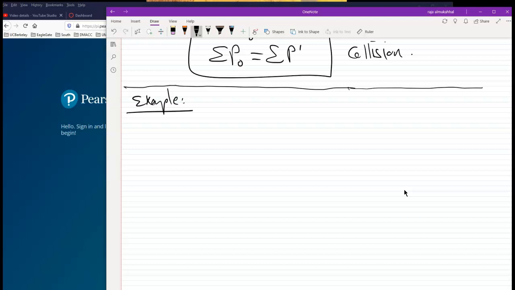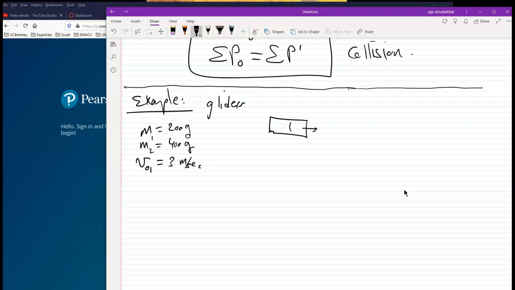So you have two gliders, M1 is equal to 200 gram, and M2 is equal to 400 gram. Glider number 1 is moving with a speed of 3 meters per second. They stick together after collision. Here it is.